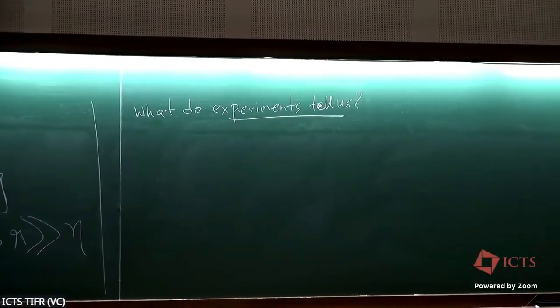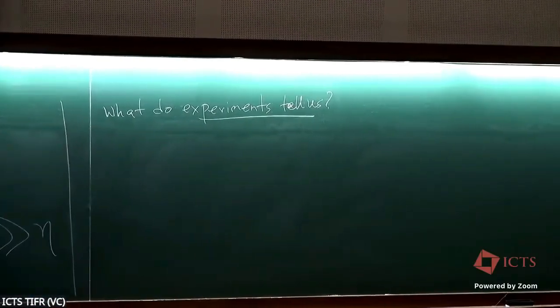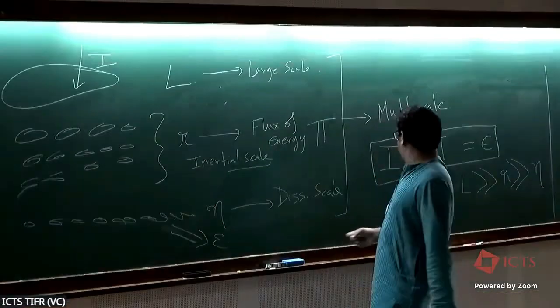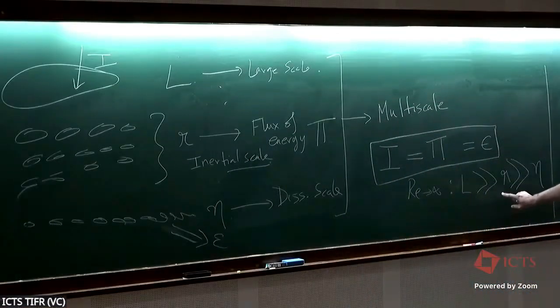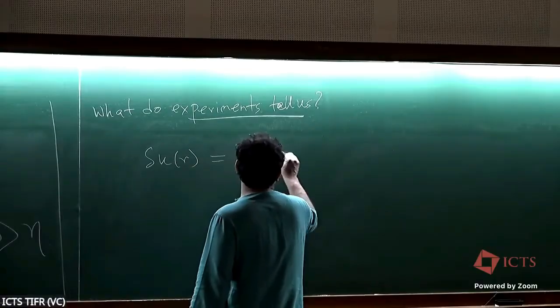So the first thing experiments have told us, and these are experiments which were carried out in wind tunnels, in the oceans, etc., was the following: if you take a length scale R which is in this sort of inertial range, or a length scale R which essentially is far away from the boundaries, far away from the dissipative mechanism, and then you calculate the velocity. Let's not worry about vectors for the moment.